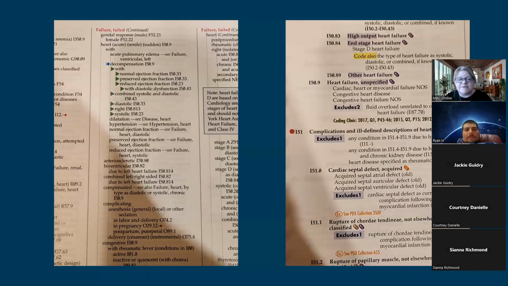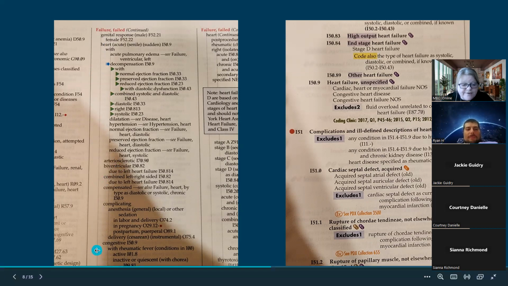But we know that in this particular instance, we're looking for congestive heart failure, right? So under that first indentation, instead of reading all that stuff, you're going to follow it down till you find congestive. And it is, again, in alphabetical order. So you just come on down till you see congestive. And then it indents down a little bit with rheumatic fever.